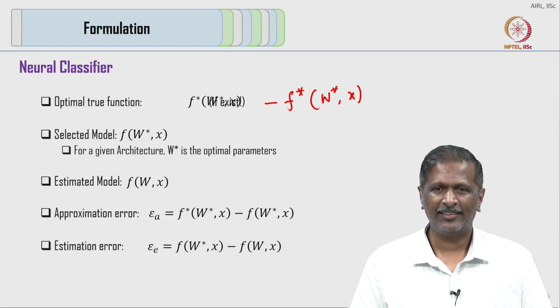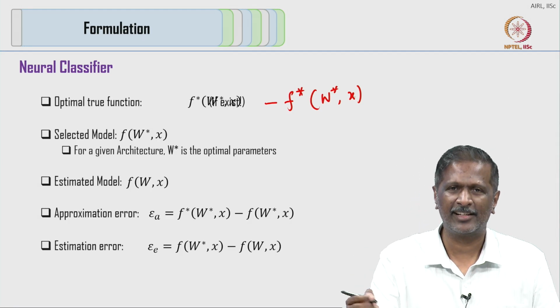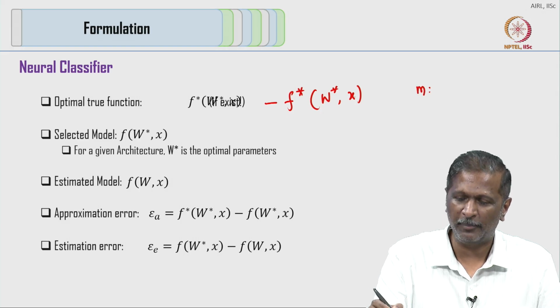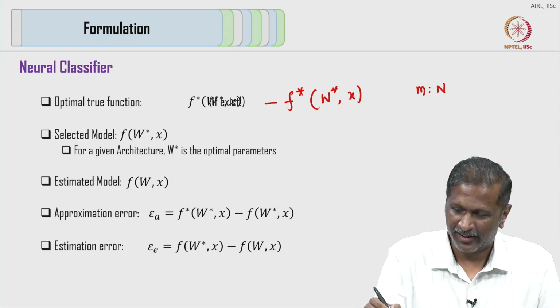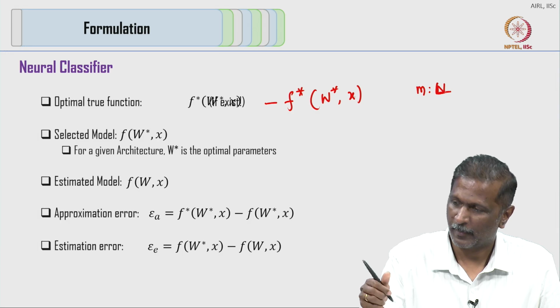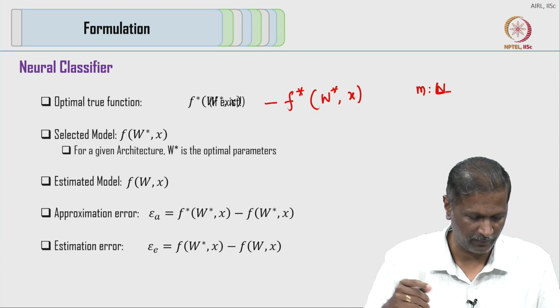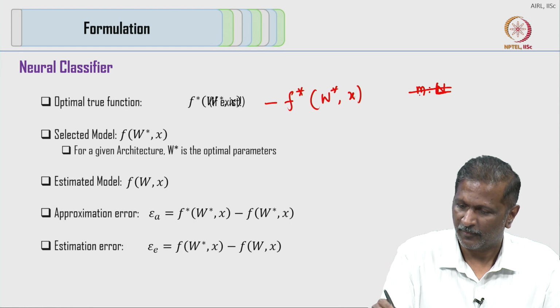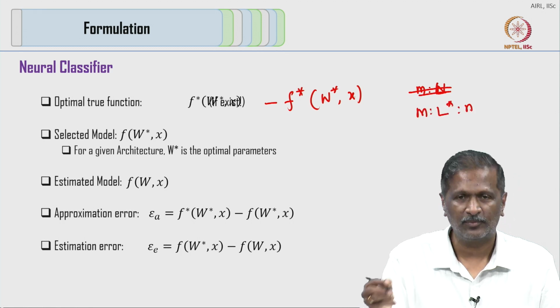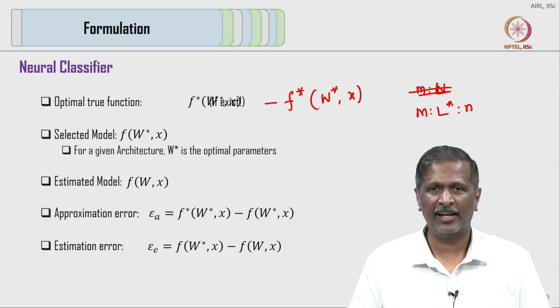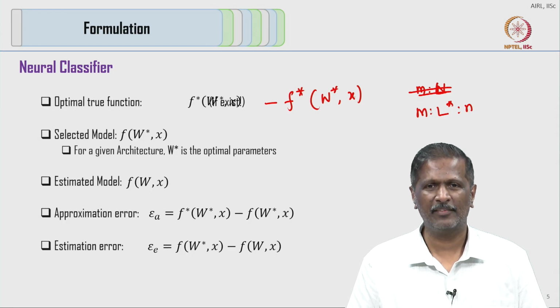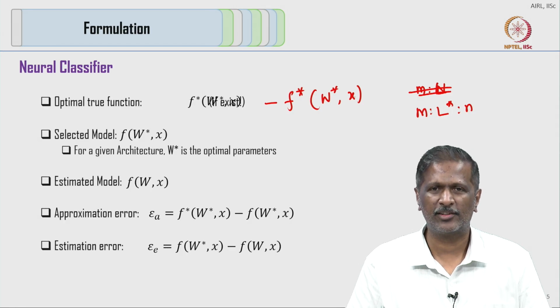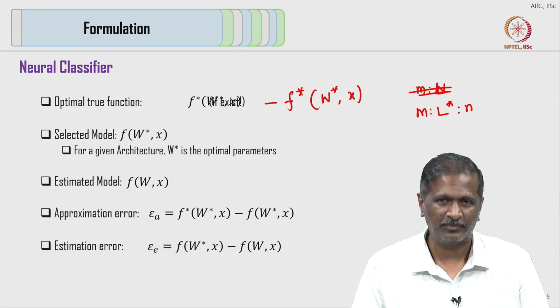Let's say a single hidden layer itself is good enough, ML star. Assume somebody has given me the information that this many hidden neurons are good enough, this L star is known to me, then I have the architecture.